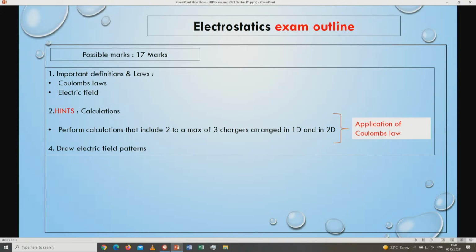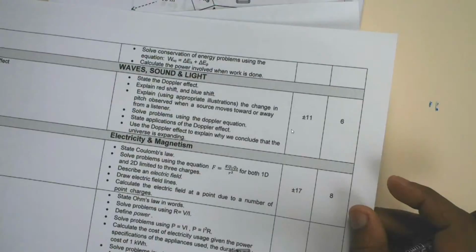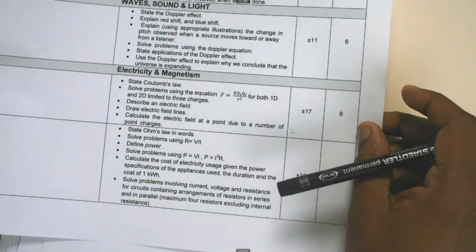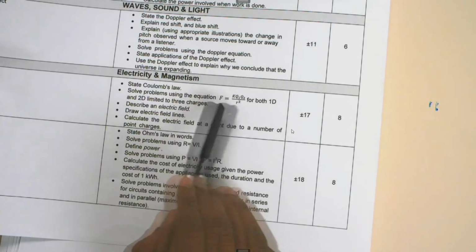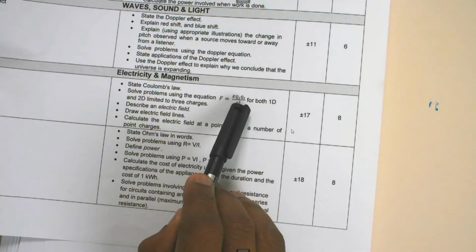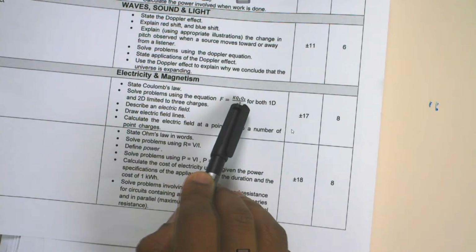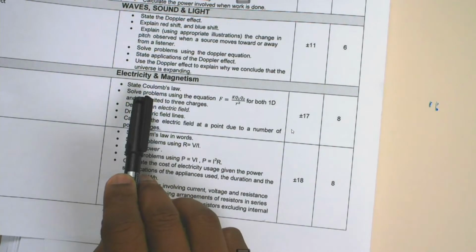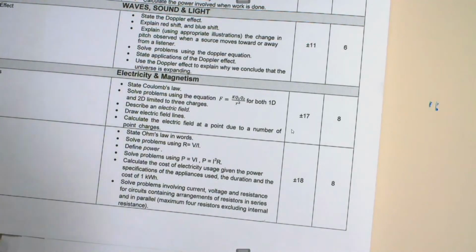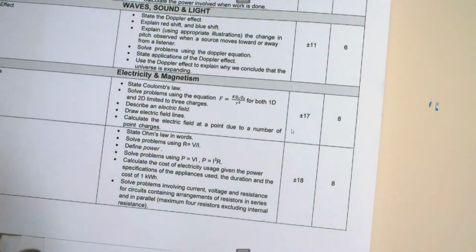So if we are working with Coulomb's law, the equation is this equation here. We must be able to solve problems using the equation of Coulomb's law for both 1D and 2D, limited to 3 charges.